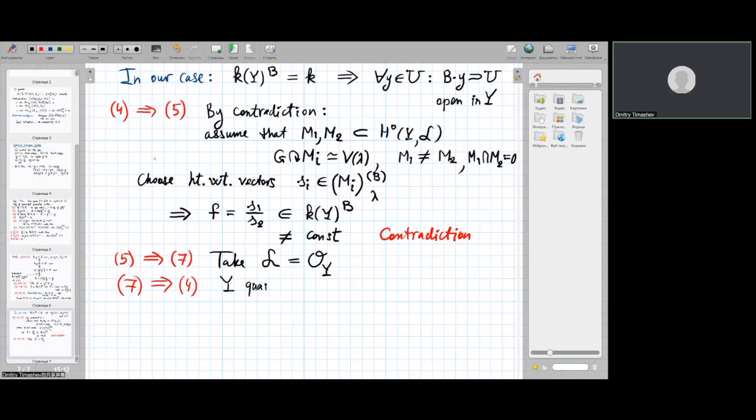Will we prove that 5 implies 4 without the condition that Y is quasi-affine? We have proved that 5 implies 7, not 4. To prove that 5 implies 4, we have to assume that Y is quasi-affine, but we go through condition 7. You said that the first 6 conditions are always equivalent?